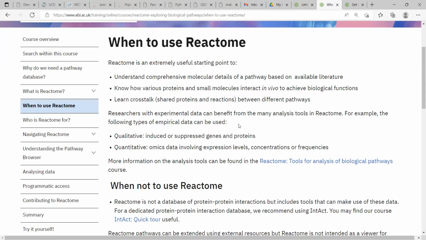Now, if you are asking where is the link, which proteins or which reactions are shared between two pathways, and you can identify that, then that kind of example will be termed crosstalk between the pathways. Am I clear?